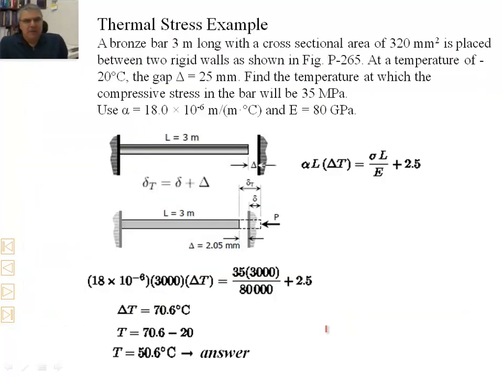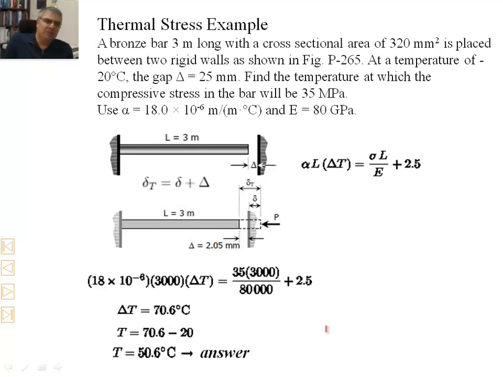Let's do a small example, a thermal stress example. We have a bronze bar 3 meters long with a cross-sectional area of 320 square millimeters. This is again the cross-sectional area, so keep that in mind. It is placed between two rigid walls as shown in this figure.